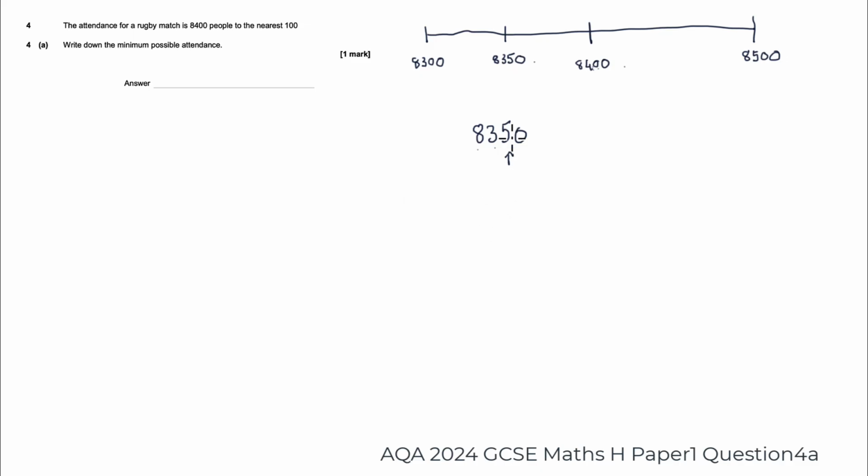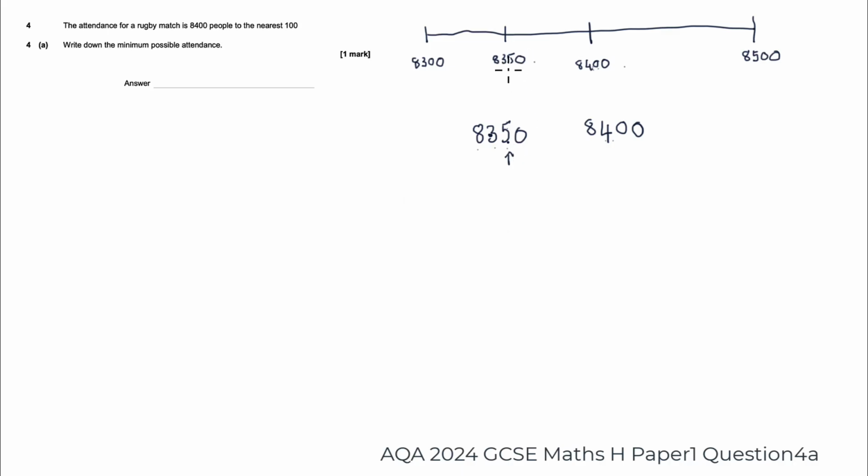Now the rule is, if you chop a 5 off, that number 3 would go up 1. So we would be producing 8,400 to the nearest 100. So it would round up to 8,400 according to the rules.